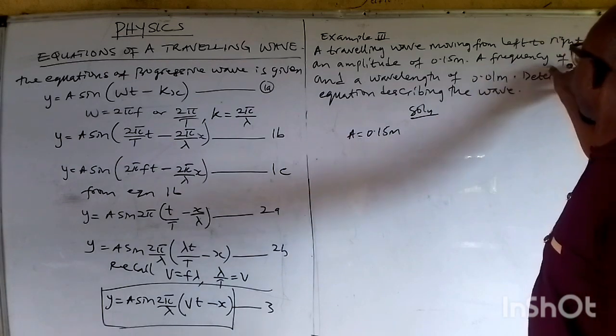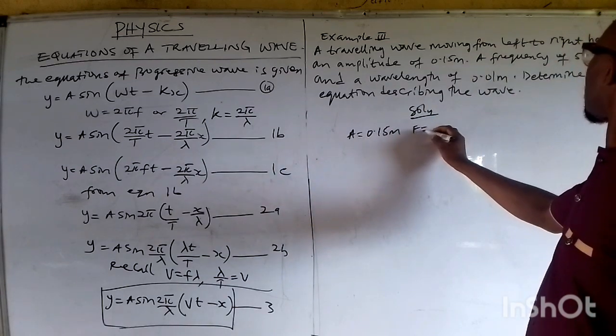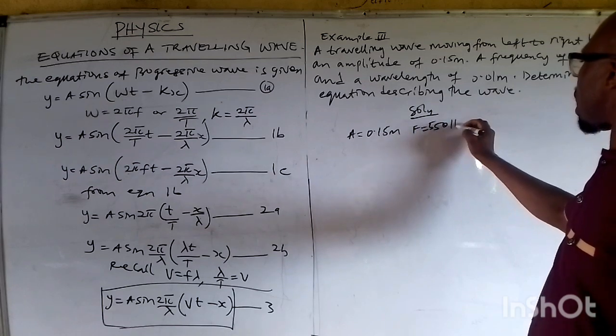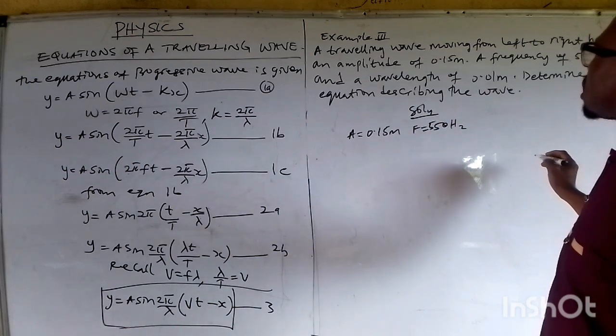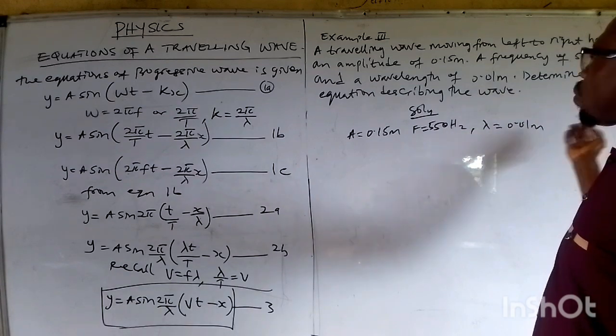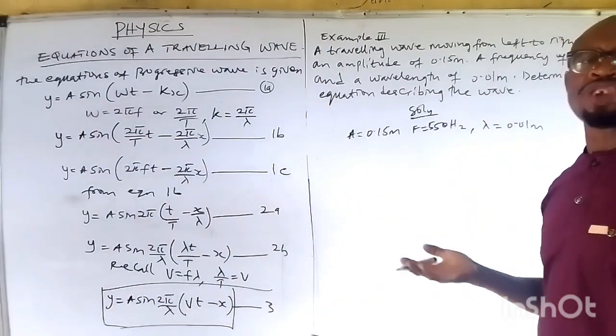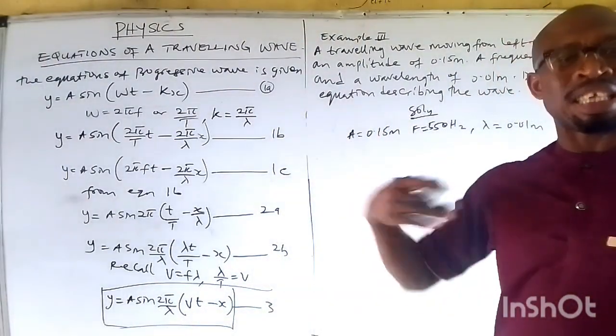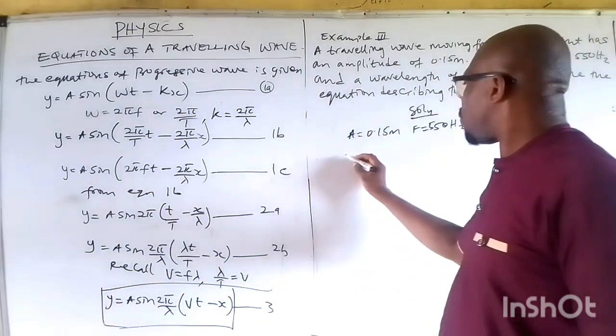So we have a frequency of 550 Hz. Then the wavelength there is 0.01 meters. We're actually determining the equation describing the wave. Nothing else was given to us. Of course, this question is similar to the former one, example 2.